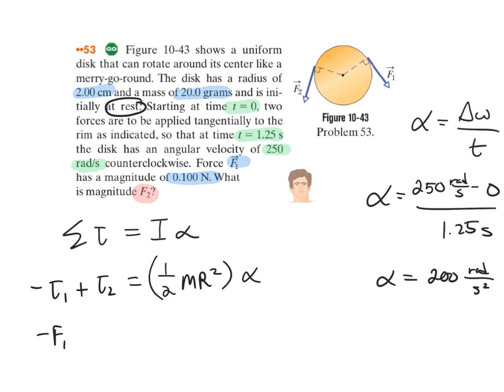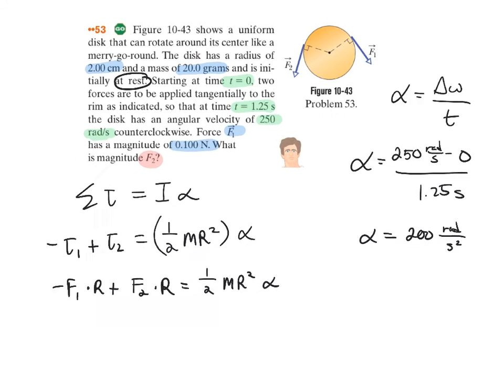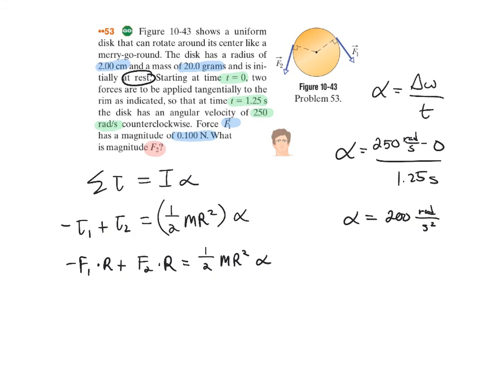So negative F1 times R plus F2 times R equals 1/2 mr squared alpha. Now before you start calculating, recognize that R is going to drop off. There's going to be only one R left. So let's drop these R's off because they all happen to be the same.